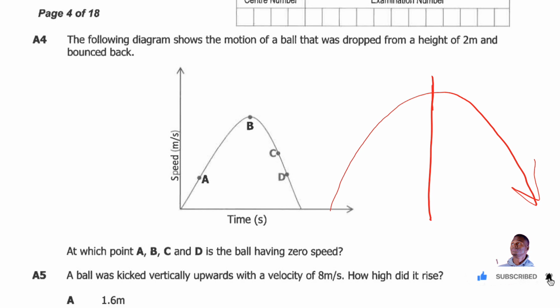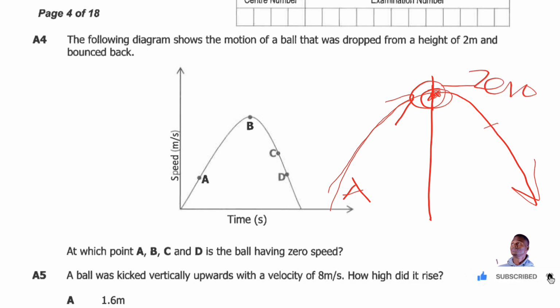Here at the starting point, the speed is at its maximum, and the speed is reducing as it's projecting towards the maximum height. Now when it reaches here, the speed is zero.